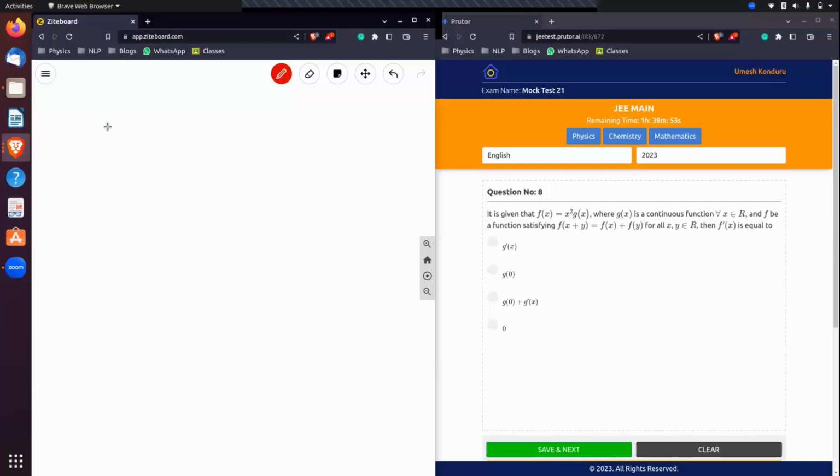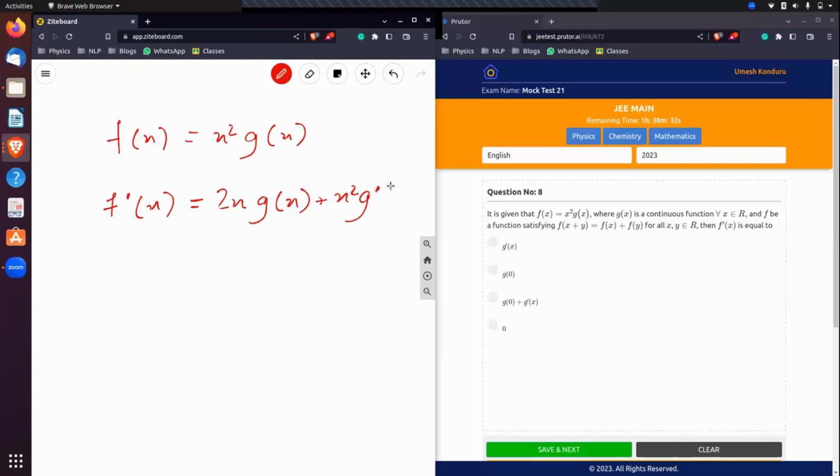Let's just go ahead and differentiate this and see what we get. If we differentiate f of x, this is going to give us 2x g of x plus x squared times g prime of x. Okay.